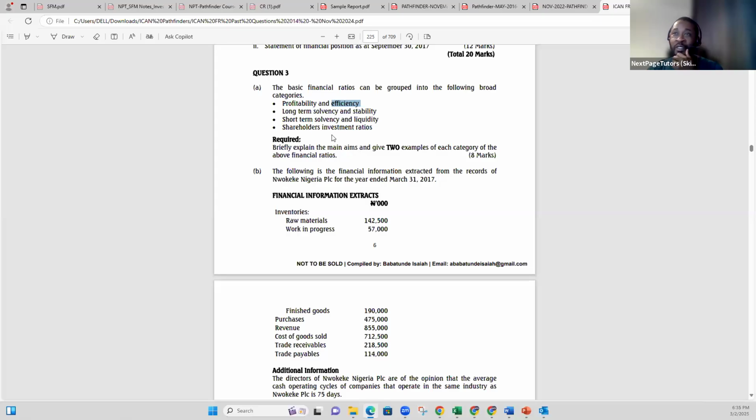And the third one, very quick now. Anyone on the third one? Just go ahead straight. Short-term solvency and liquidity. Okay, Charity, you are going to go ahead.